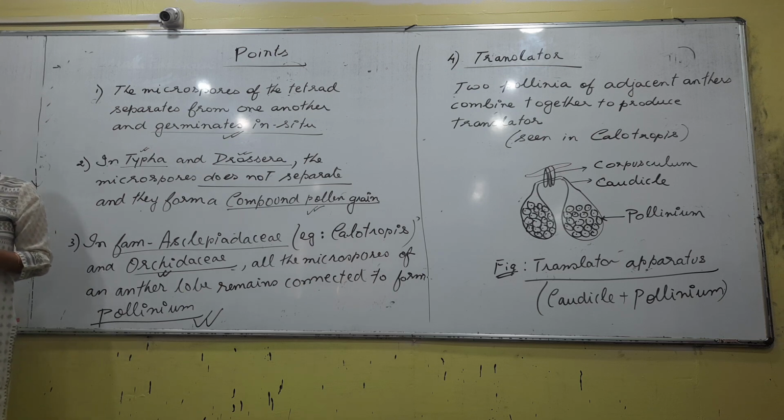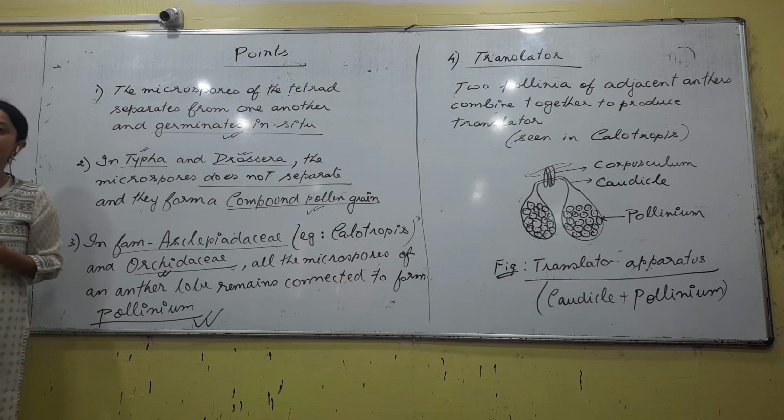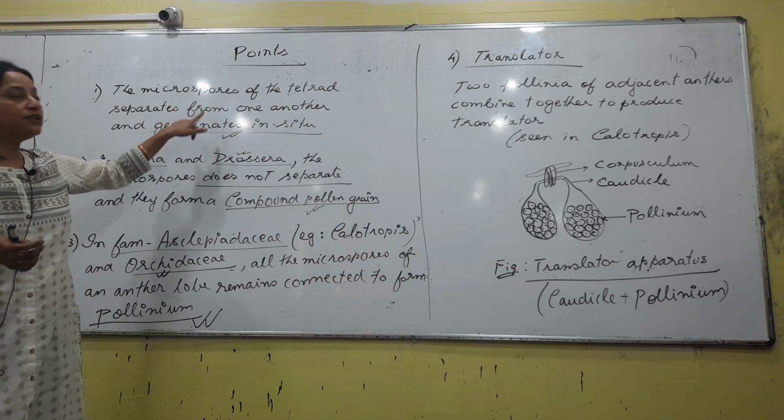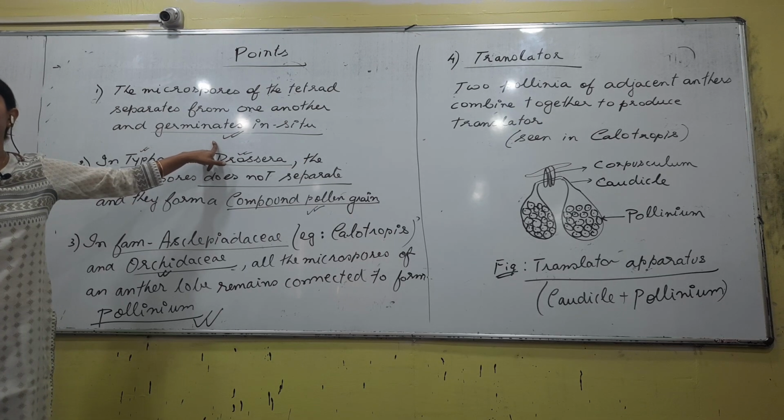What does germination mean? In regards with microspore, when we talk about germination, normally we think about the germination of a seed into radicle and plumule, but here we are using the word germination for the pollen grains. So what exactly is the meaning of that sentence? When we say germination, a seed germinates and produces radicle and plumule. This is something that we know. But here, pollen grain germination means what?